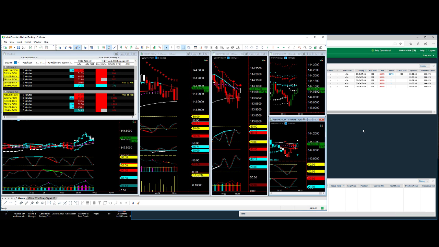If you also notice over on that 15 minute, you've almost got hidden divergence. Not quite, but damn near it. You're making higher highs.